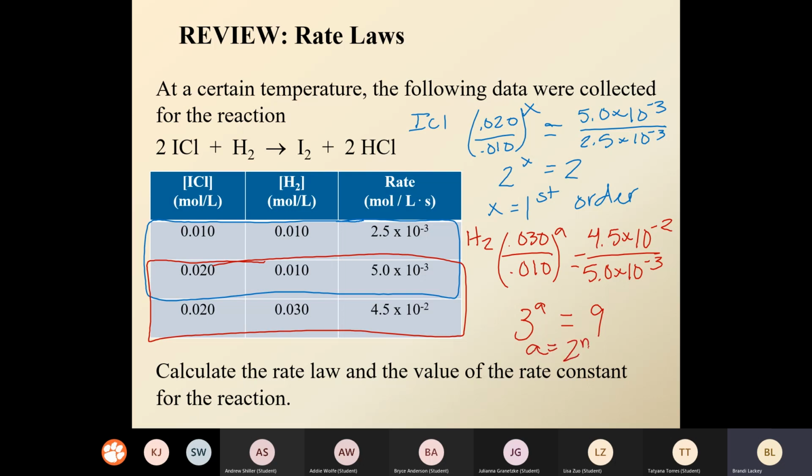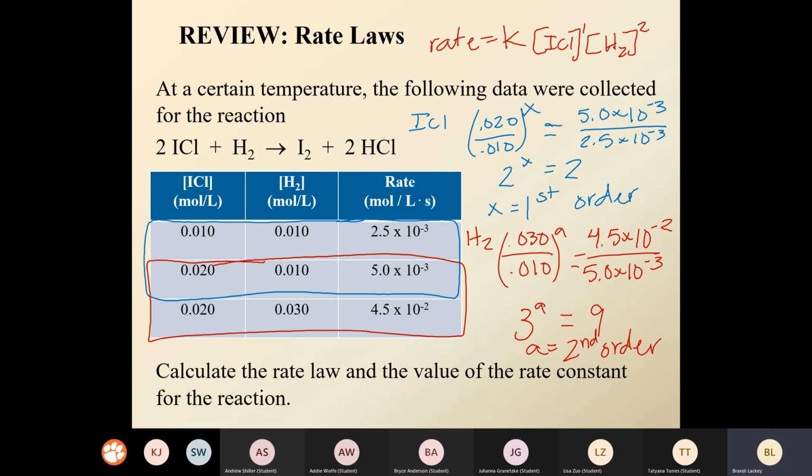So this is going to be second order whenever we're looking at the H2. So our base rate law is the rate is equal to k. Remember, there's a constant there. And the ICl is to the first power. The H2, we said, was to the second power. So that's our base rate law.